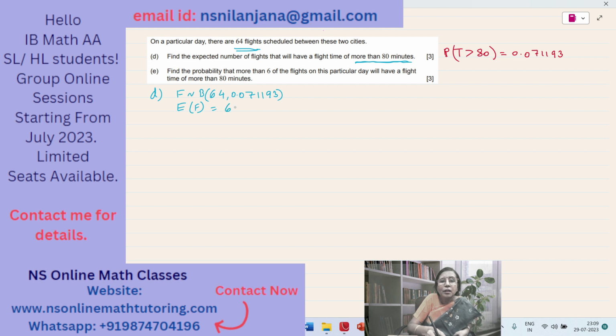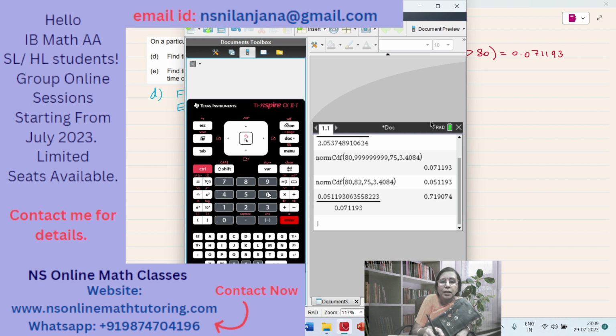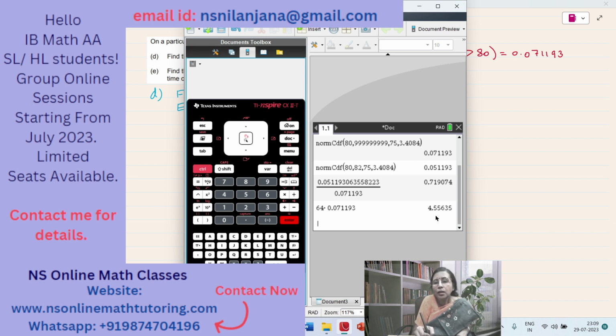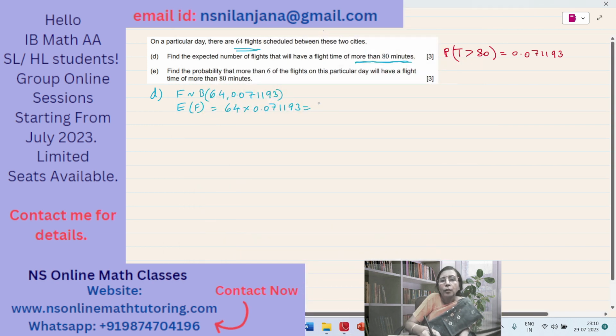So it is 64 times 0.071193. Enter. It is 4.55635.